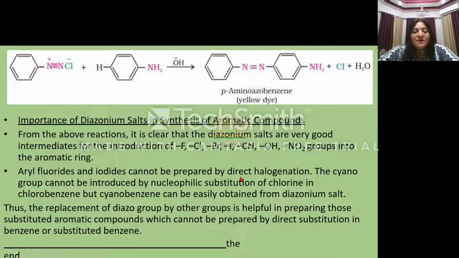The cyano group cannot be introduced by nucleophilic substitution of the chlorine in chlorobenzene, but cyanobenzene can be easily obtained from the diazonium salt. Thus the replacement of the diazo group by other groups is helpful in preparing those substituted aromatic compounds which cannot be prepared by direct substitution in benzene or substituted benzene.